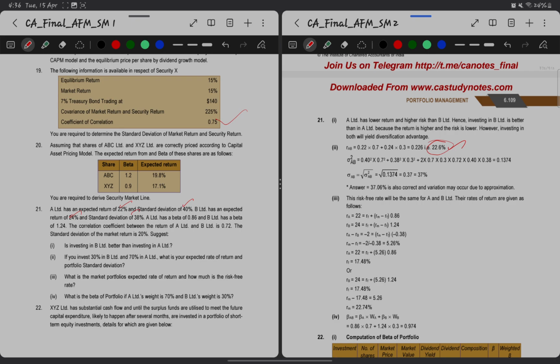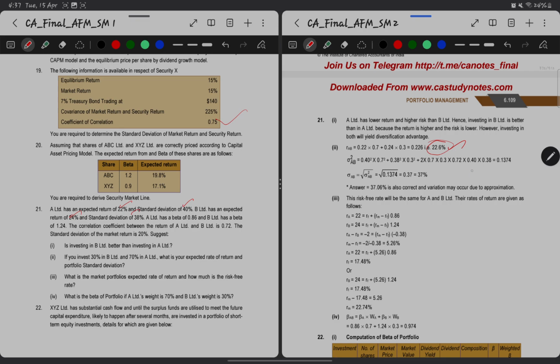Why? Because there is an advantage of diversification, because the unsystematic risk portion will get reduced when we diversify our portfolio. That is the ideology. So it will not be a weighted average always.